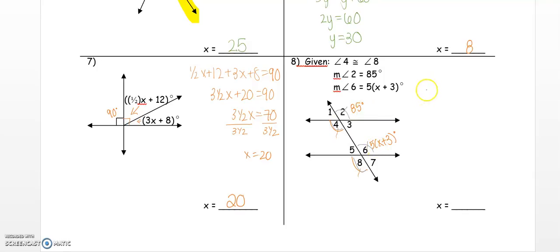So therefore, we can set up the equation 5x plus 3 is equal to 85. We continue to solve and simplify, and we get 5x is equal to 70, and x is equal to 14.